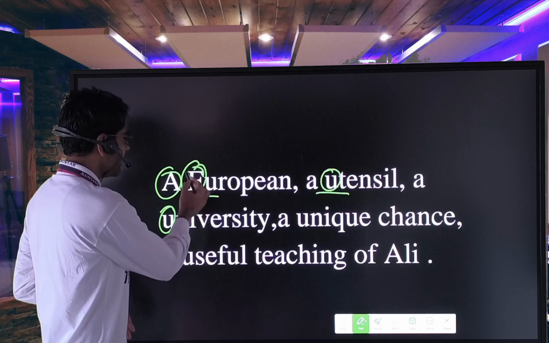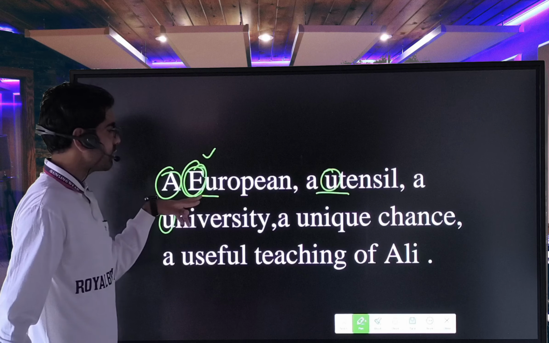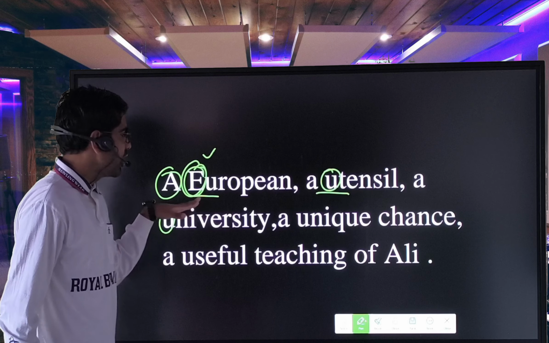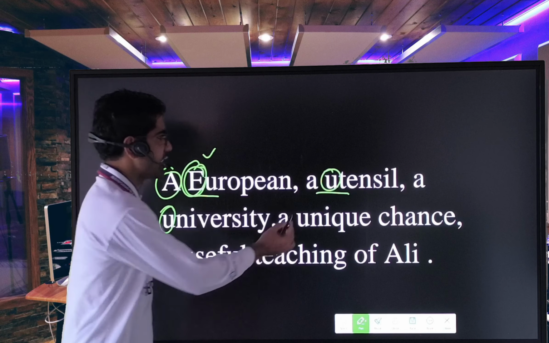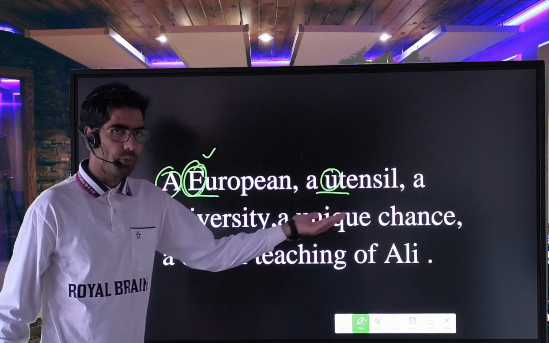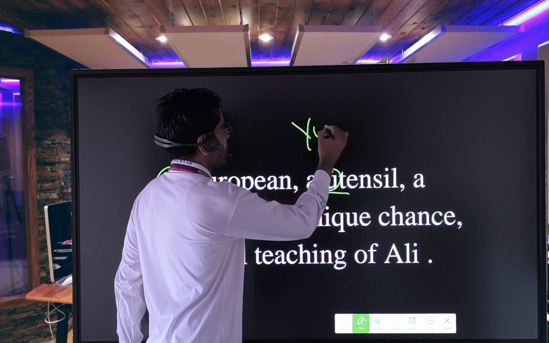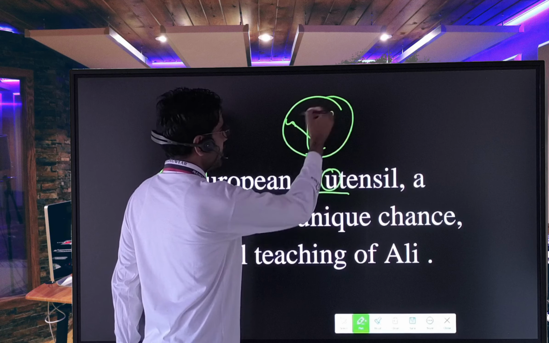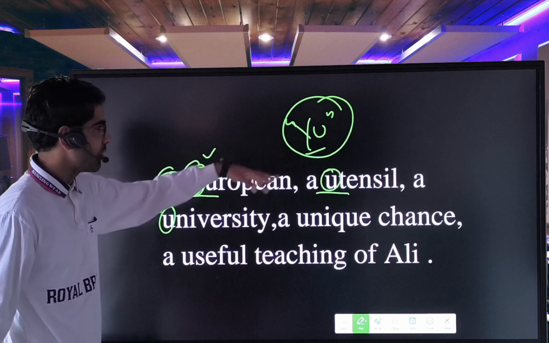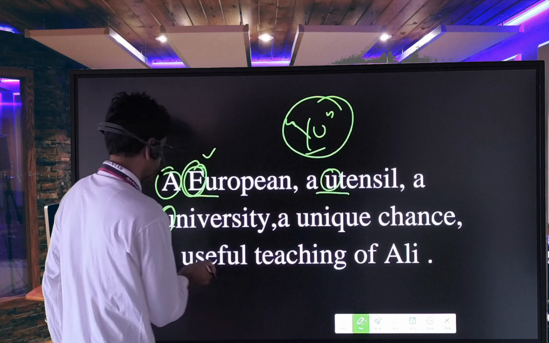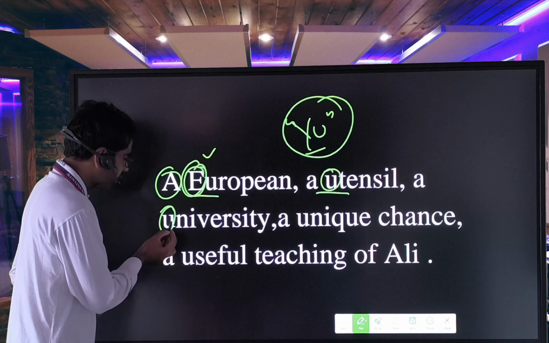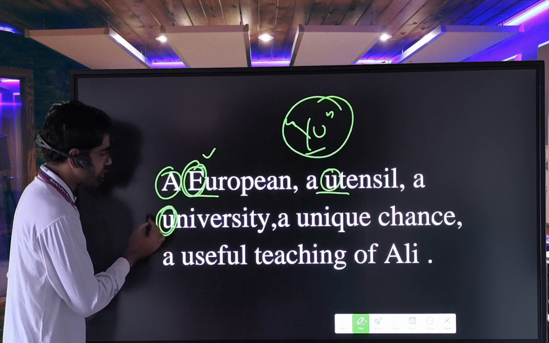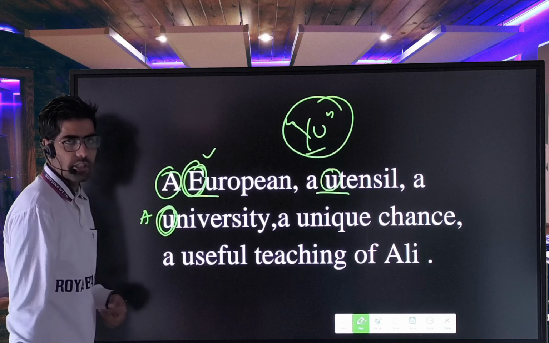E is a vowel, but we don't pronounce it like e; we pronounce it as yu, European. Same as utensil, U sound. As I have told you, whenever the word in the beginning gives the U sound, so here it produces the U sound. One more word, university. U is a vowel, but here it produces the U sound, so we use a university.